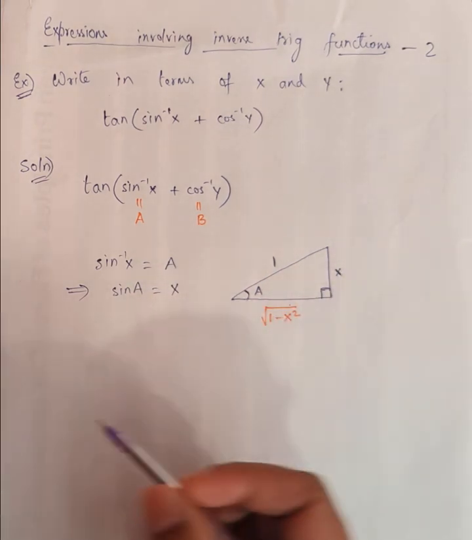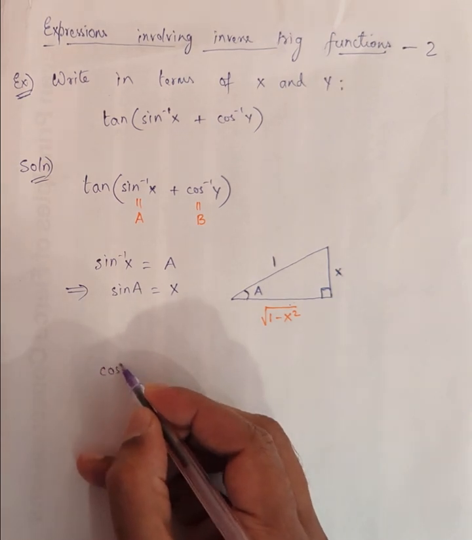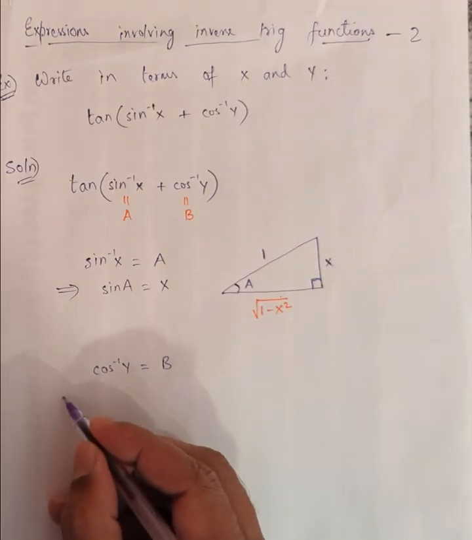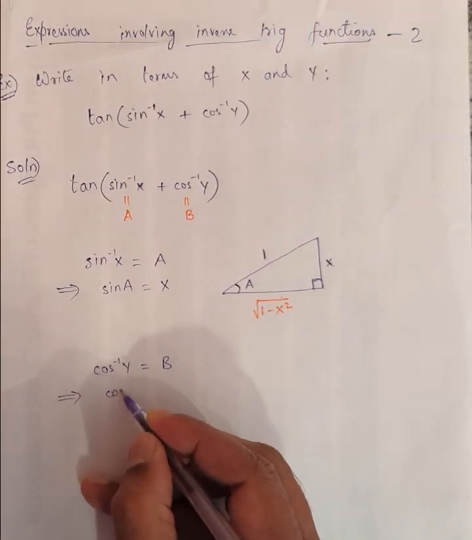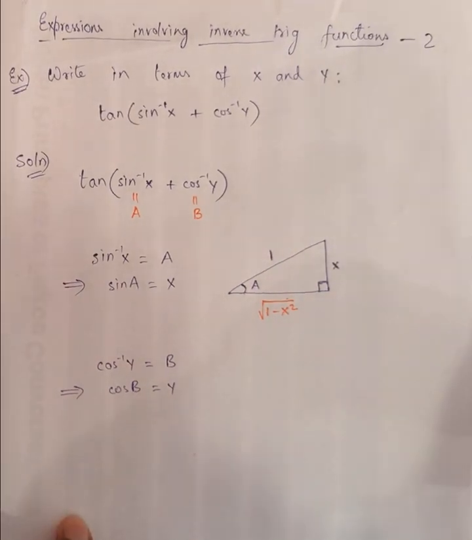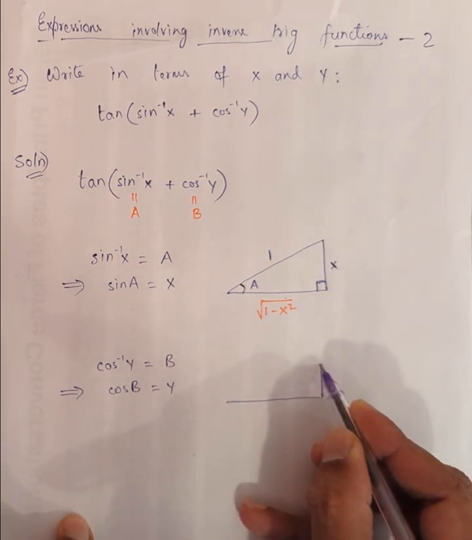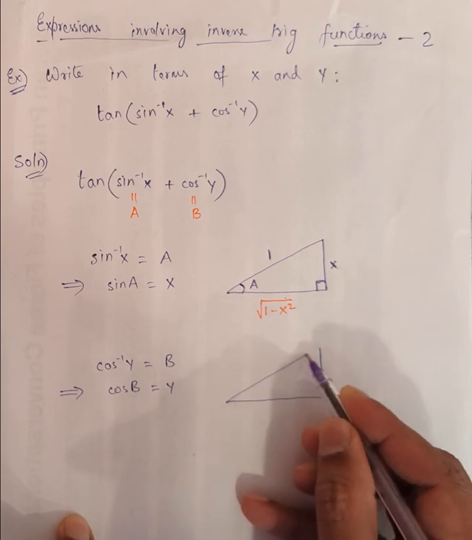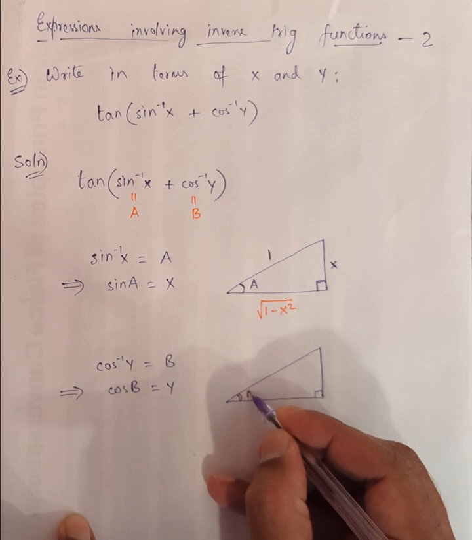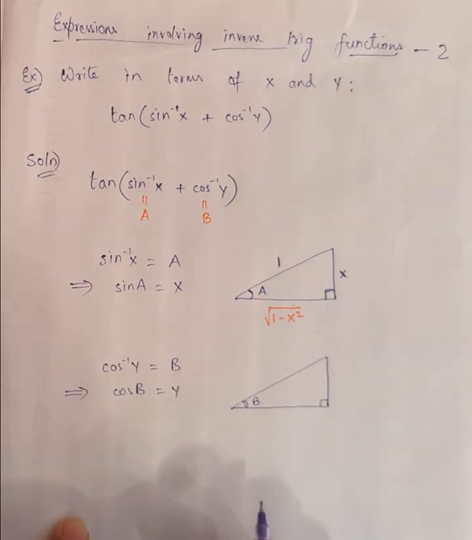We have this triangle. Now let's write this piece, cos inverse y equal to B. What this means is cos B is equal to y. So just like before, we are going to draw a right triangle and we call one of the acute angles B. So say this angle is B. And cos B is y, which is y over 1.